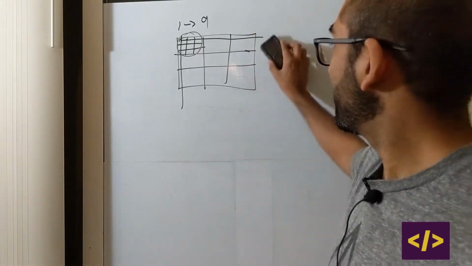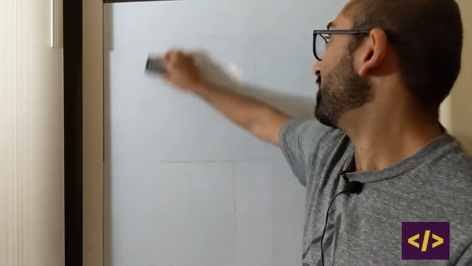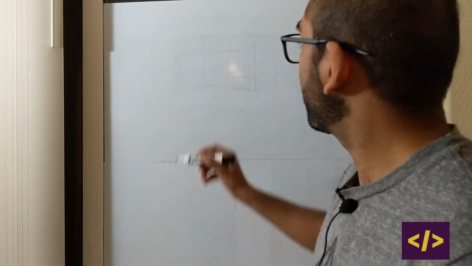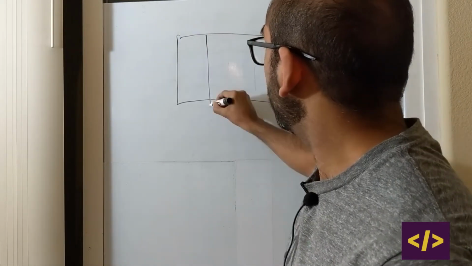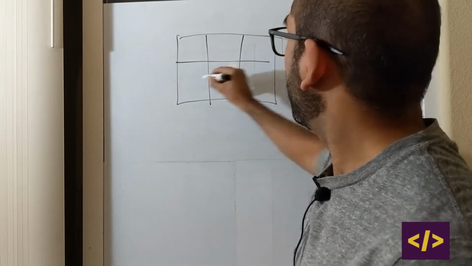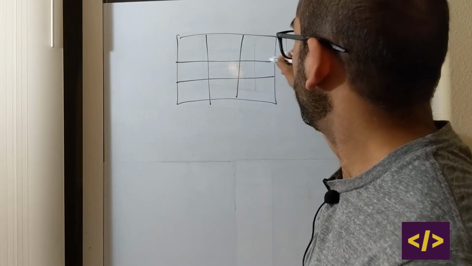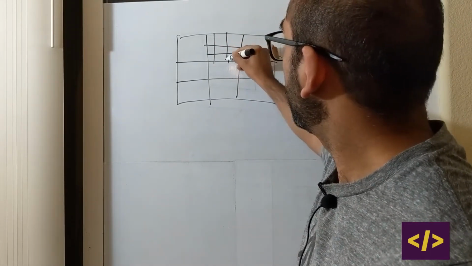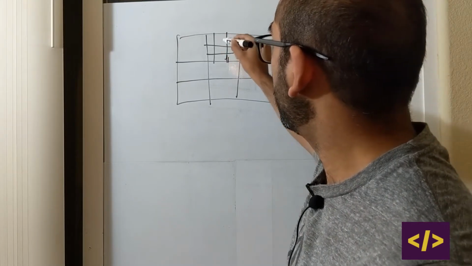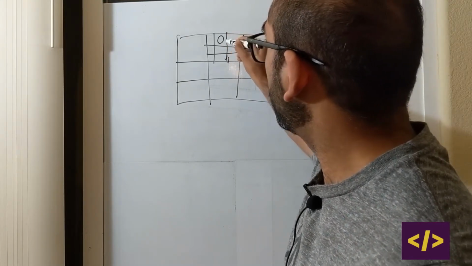But let's actually try to solve this. How do you think you're going to come up with a solution for this? You're given a Sudoku grid, and you need to fill in every empty spot. Let's say I need to fill in something here. This is an empty spot.